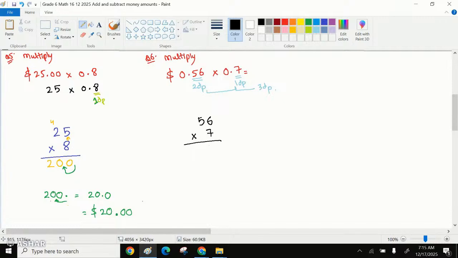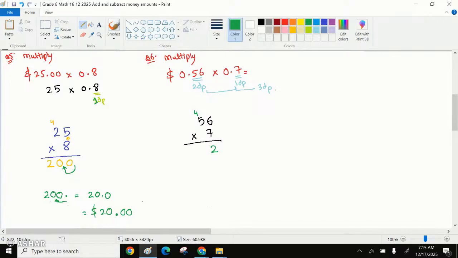We know that 6 times 7 is, what is 6 times 7? Can anyone give me the answer? Okay, very good. We know that 6 times 7 is 42. So we keep the 2, we take 4 to the tens position, right?